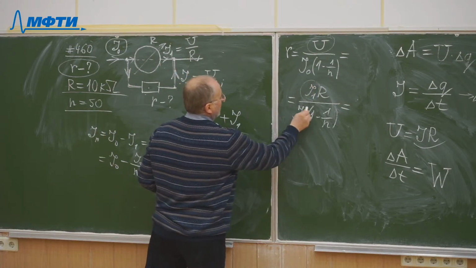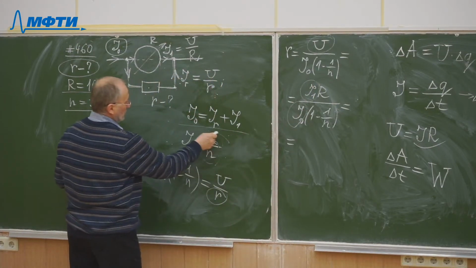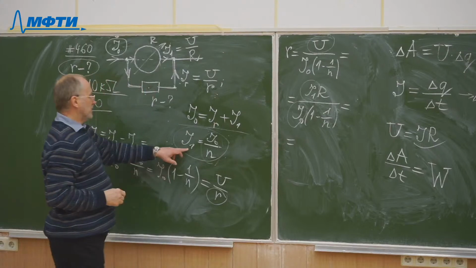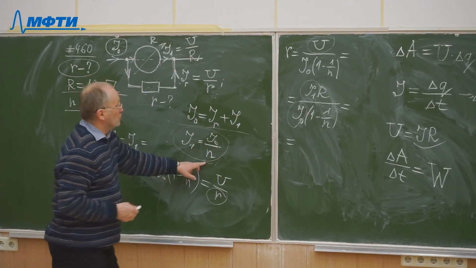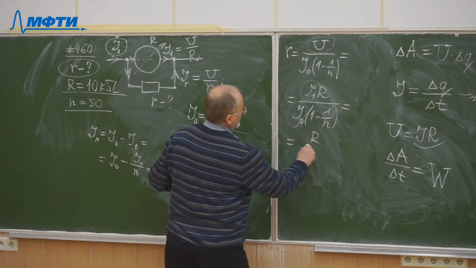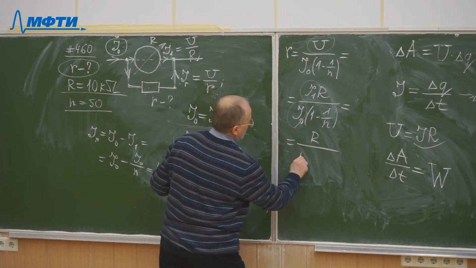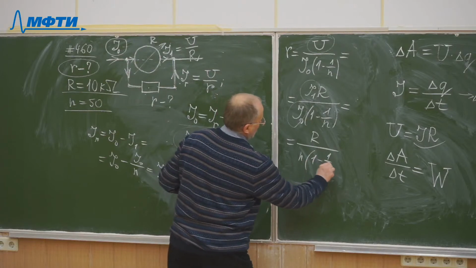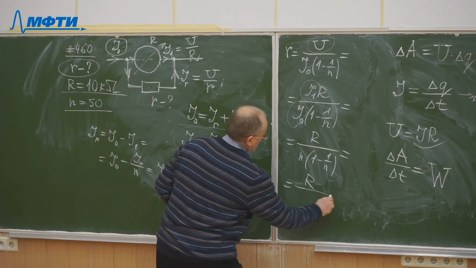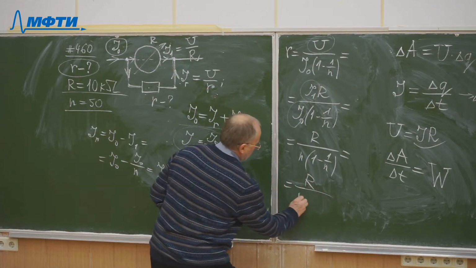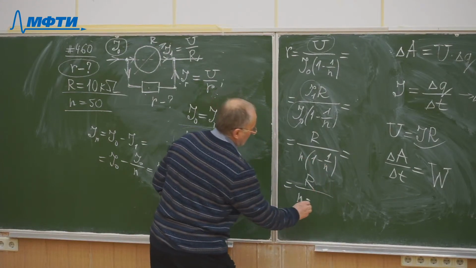I1 divided by I0 is known. We have already written this expression: I1 divided by I0 is 1 over n. So here we obtain 1 over n, and the final answer will be capital R divided by n minus 1.